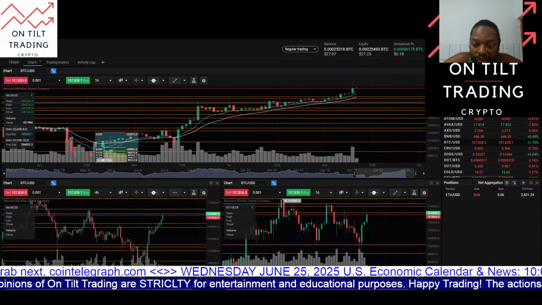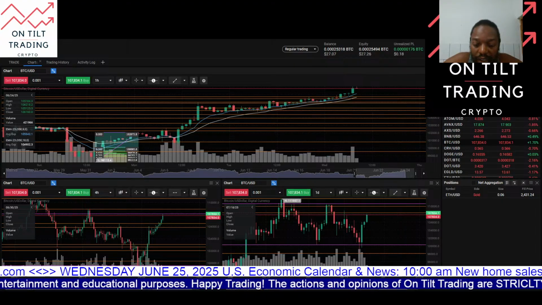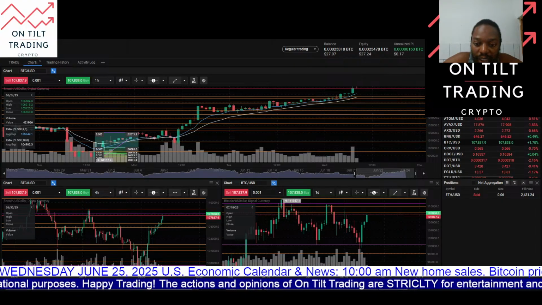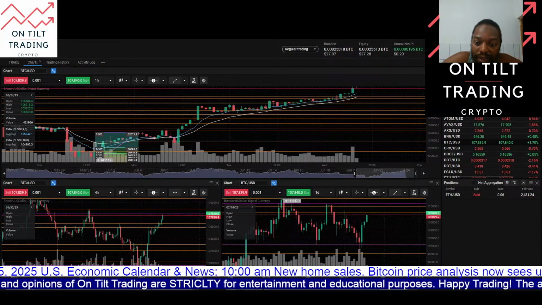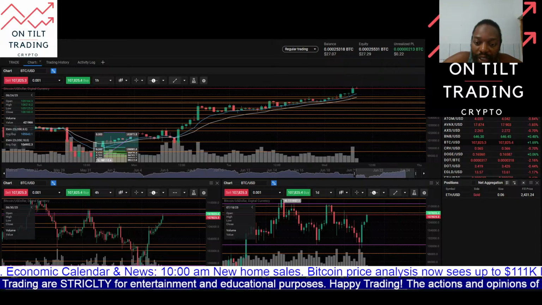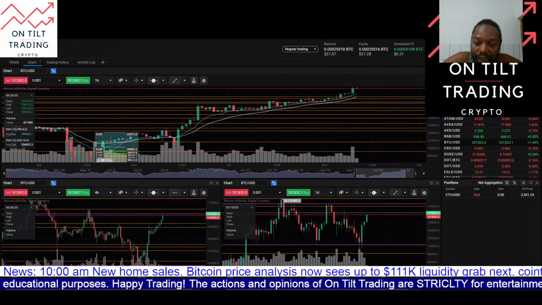We can see that strong low being tested here in these two candles, but the strong low held as no candles closed below the strong low, and now you can see price reacting from that level, and now taking out liquidity here.